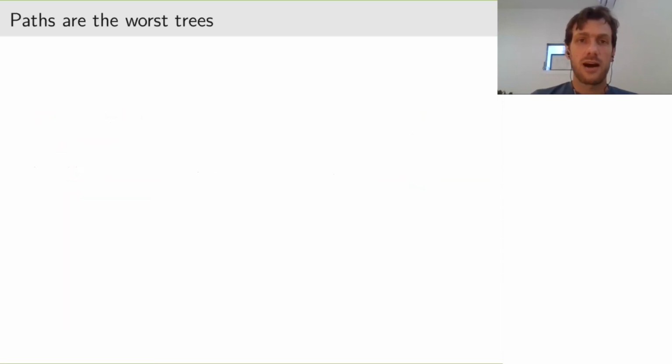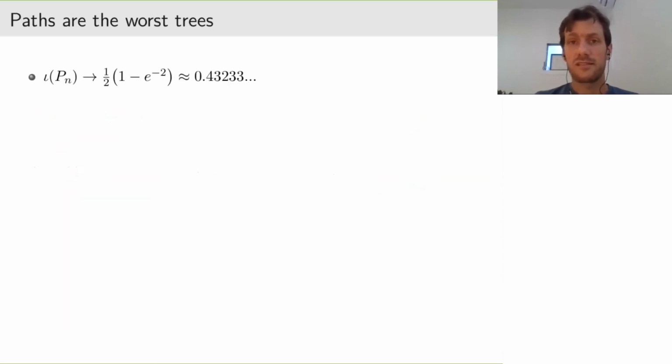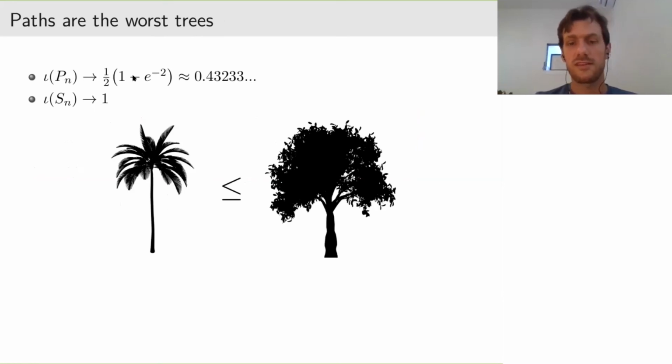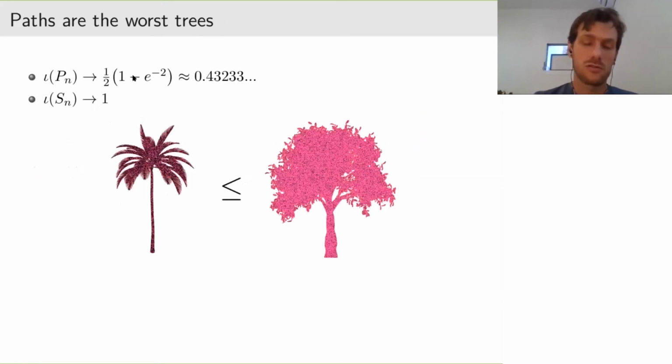Just as a final remark, recall that the greedy independence ratio of the path converges to this number here, which is just below 1/2, and the greedy independence ratio of the star converges to 1 because I typically start by a leaf. Are these lower and upper bounds? This clearly is an upper bound, and we want to show that this is a lower bound in the sense that if we take a greedy independent set in any tree on L vertices, then it will be in expectation at least as large as that in the path.